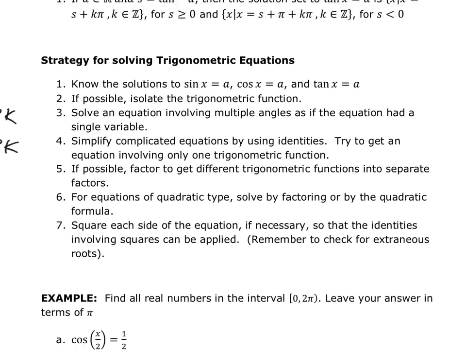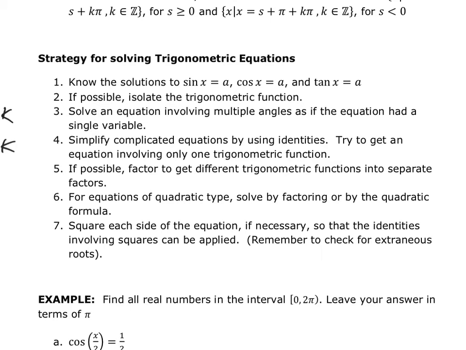So when we are solving trig equations, which is where we're going to, the first thing we need to do is know the solutions of sine, cosine, and tangent on the unit circle. So that's what we started out with. If we can, we want to isolate the trig function. And we will have to use identities to do that.